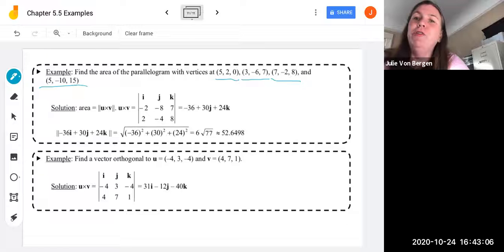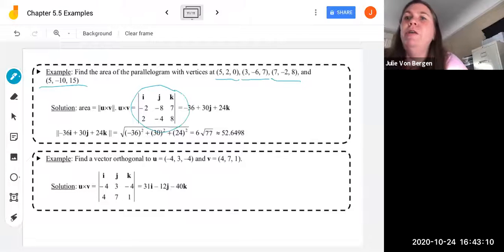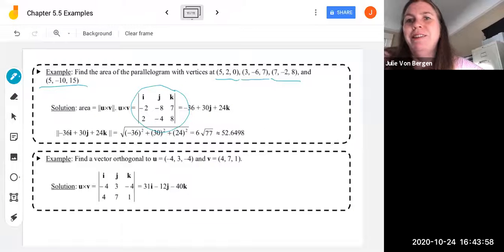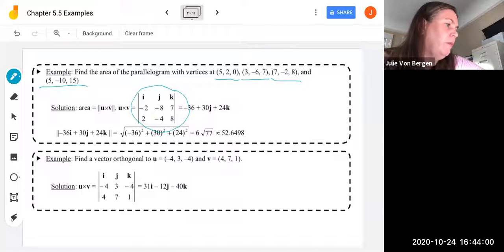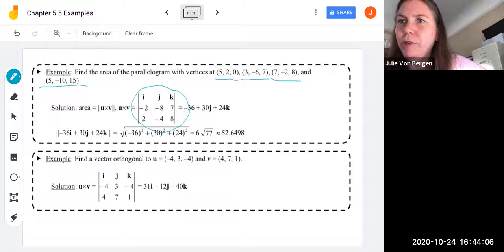So u cross v is going to be this determinant here, i j k in the first row, and then the values in the rows are the adjacent sides. So remember, the parallelogram has what we're going to call u and v as adjacent sides.